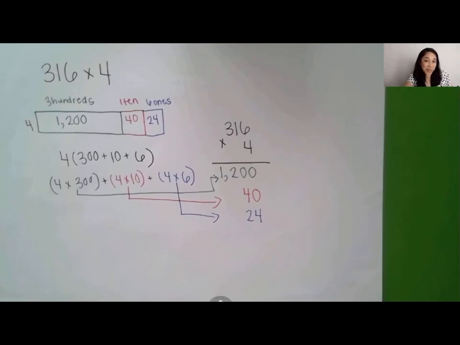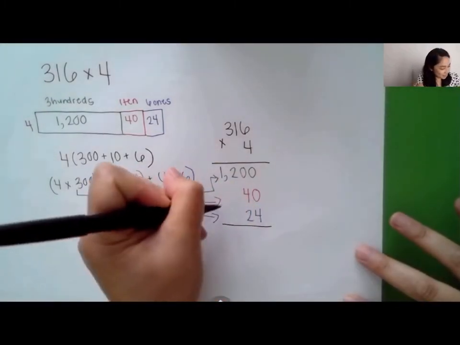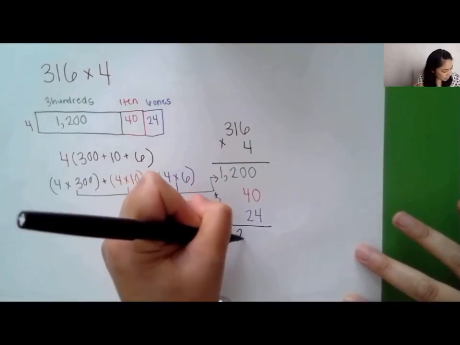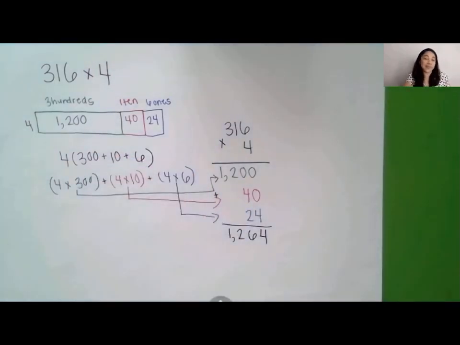Let's add the partial products now. What's the sum of the partial products? 1,264.